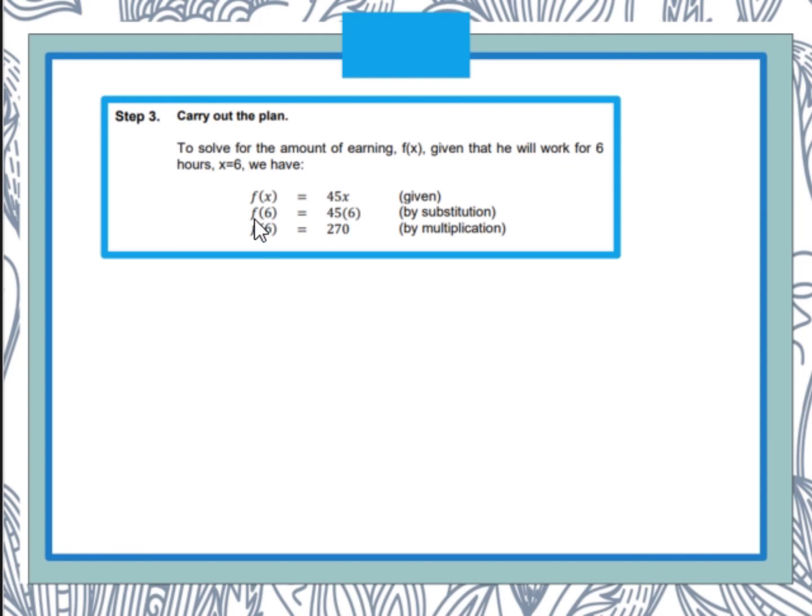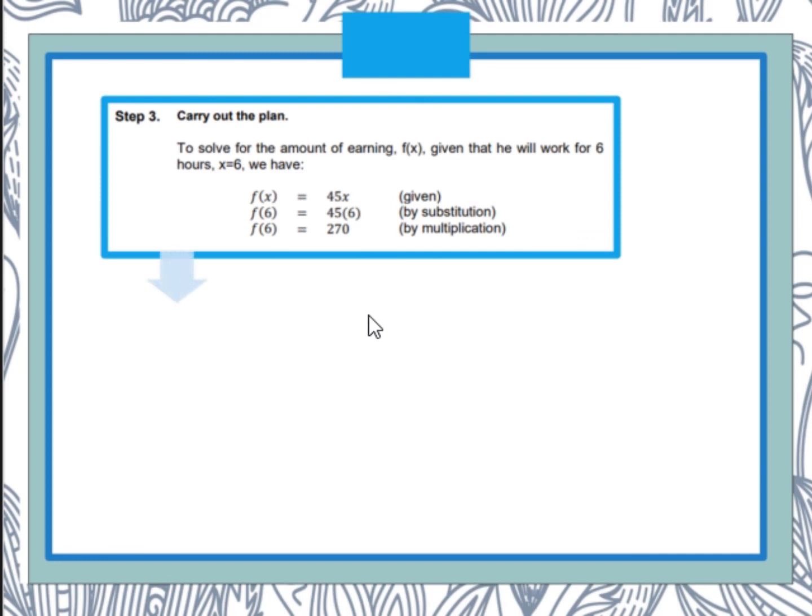So, it will be the function of x will be equal to f of 6. That is equal to 45 times x, which is 6, is 45 times 6 by substitution. And then 45 times 6 will be equal to 270. So, therefore, our answer will be f of x is equal to 270.